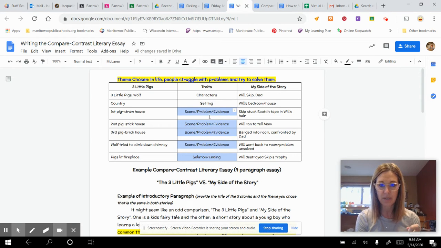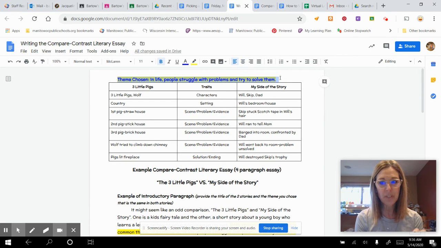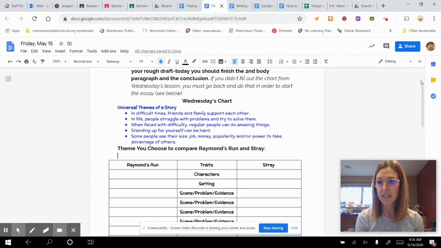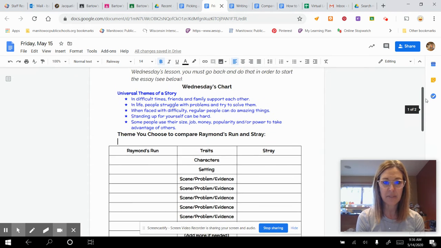That's important because a lot of you on Wednesday's assignment didn't select a theme. So it was really important that you select a theme and then find the evidence in the story that supports the theme. So if you didn't do that, I have it in today's assignment.